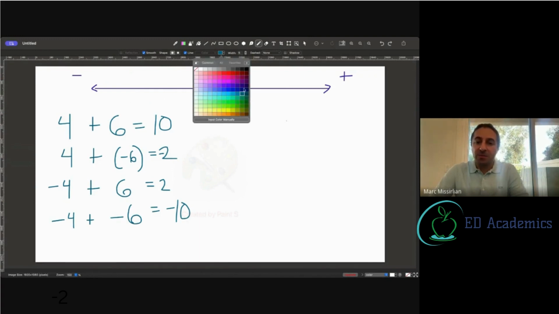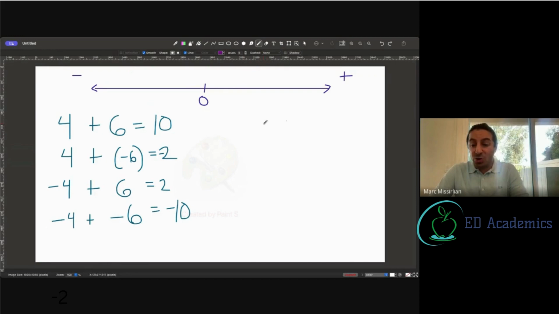Okay, now let's switch it up a bit. Let's go to subtraction, which is a little bit harder, honestly. So this is where it gets more important to follow the rules, to follow the directions, and just keep track in our minds of which way we're going. Okay. 4 minus 6. Well, we start at 4 again. 1, 2, 3, 4.